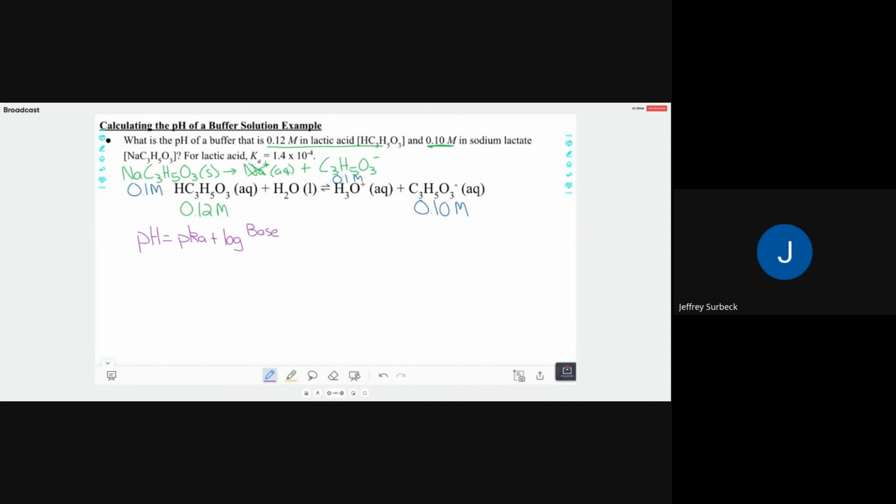The base, yes, you are correct. That would be our base over our acid. Now, base and acid, we can plug these numbers in that we've written down. And so I'm not too worried about that.